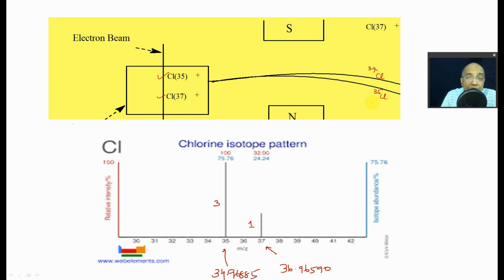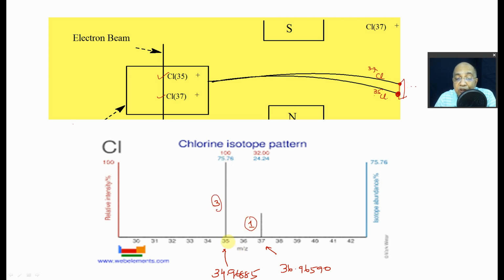The heavier one will be deflected less, the lighter one will be deflected more, right? And they will be captured by a detector. This will produce 3 times more current than this, because the relative abundance of 35 is 3 times greater than that of 37. So you find this height is 3 times greater than this height.